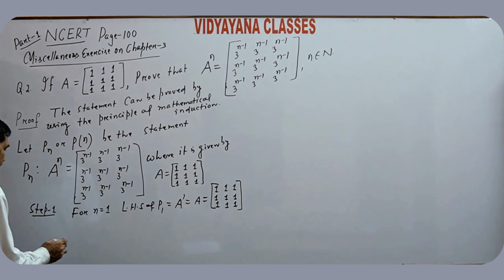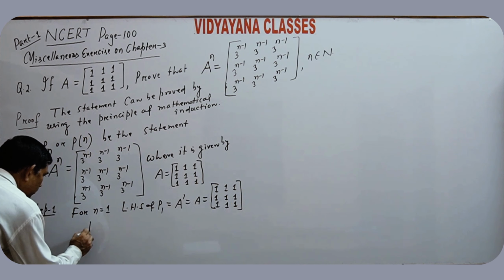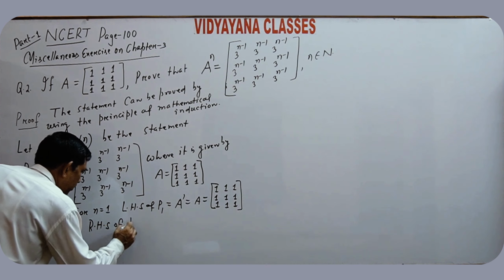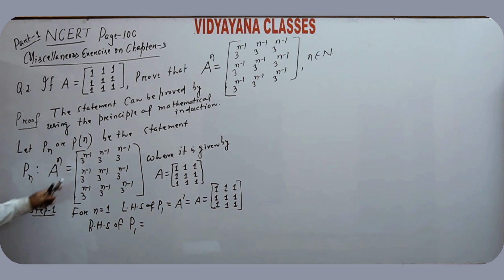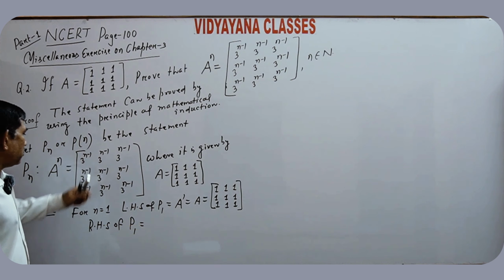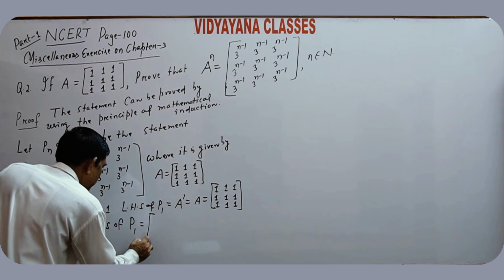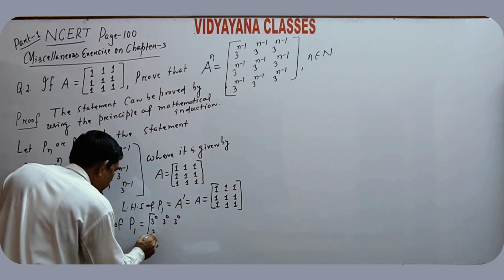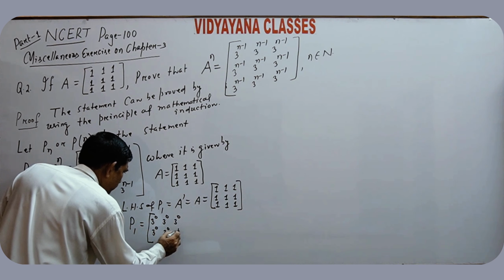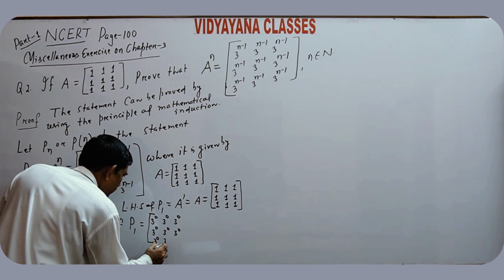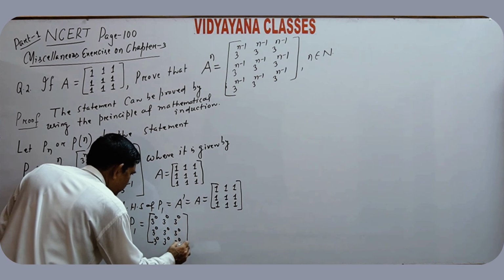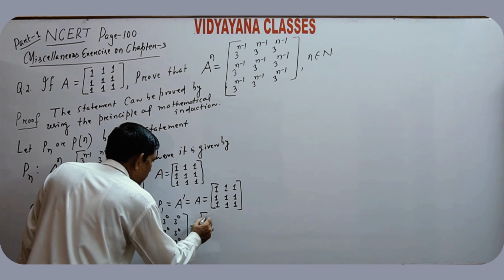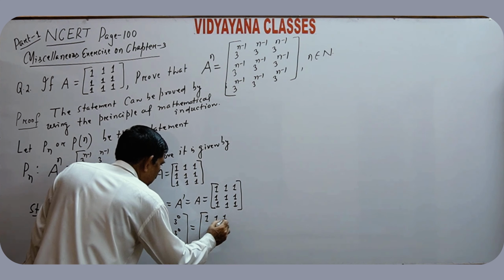The right hand side of P1 is 3 to the power 0, 3 to the power 0, 3 to the power 0, which is the same as 1, 1, 1.